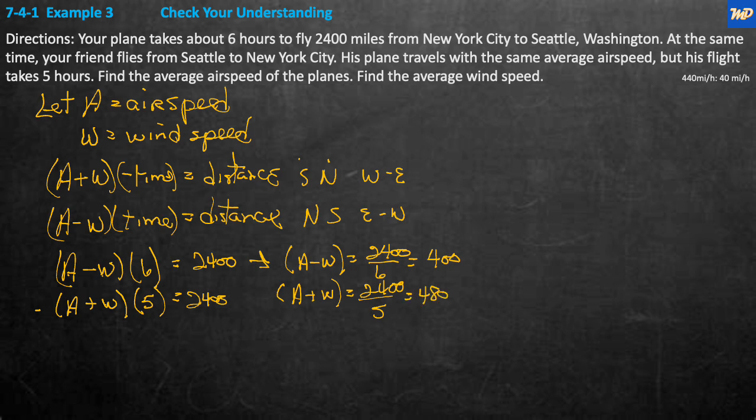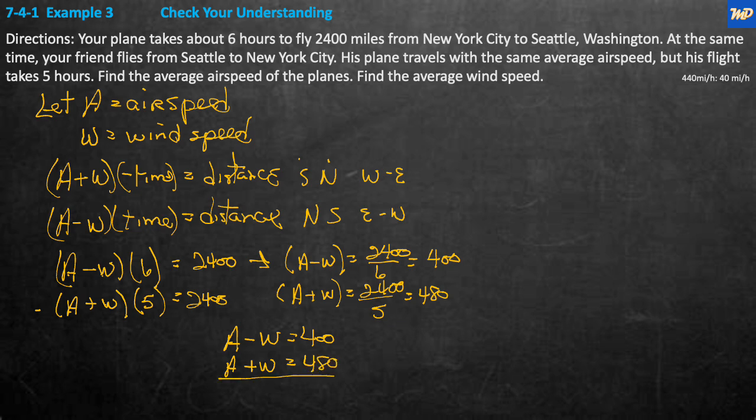So now we have that equation. We can rewrite it: A minus W is equal to 400, and A plus W is equal to 480.